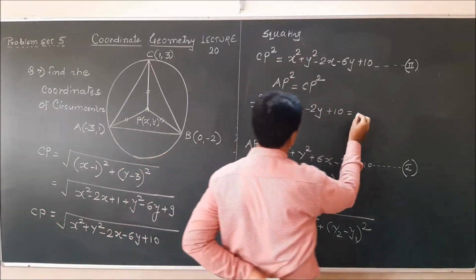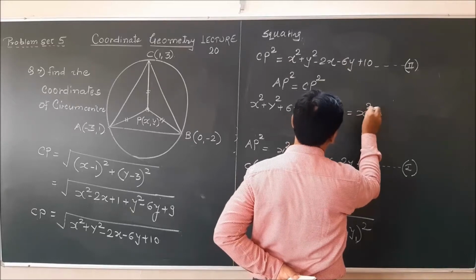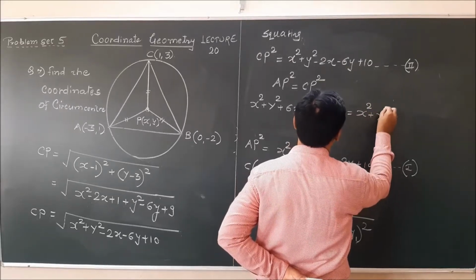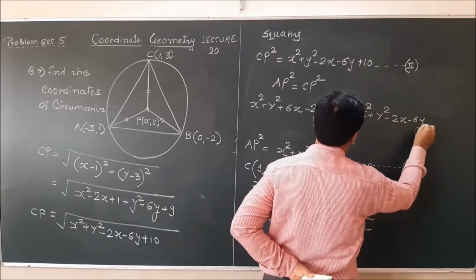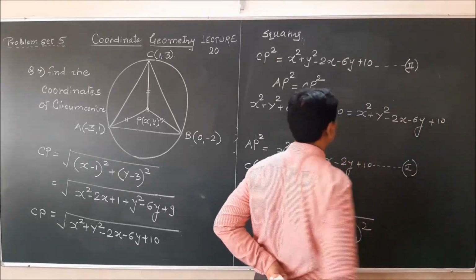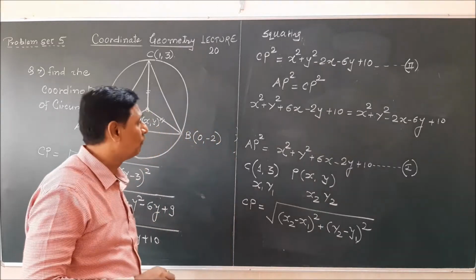The value of CP square is x square plus y square minus 2x minus 6y plus 10. This is our equation number 2.